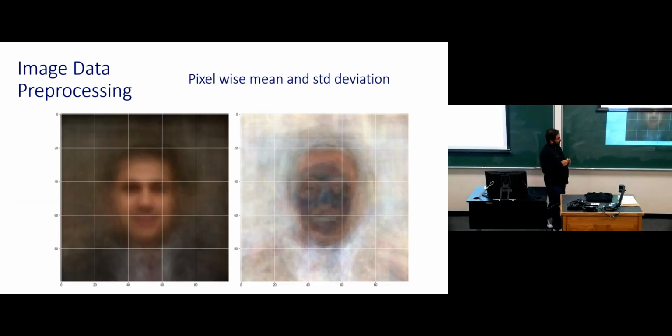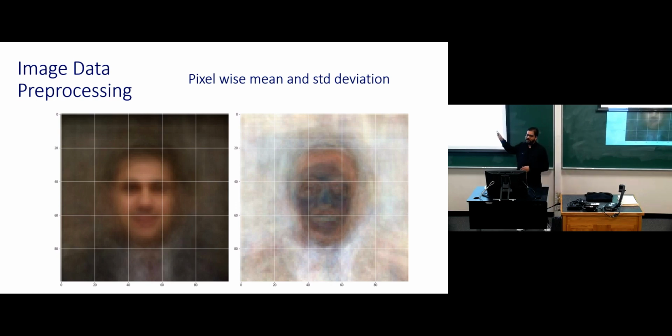Well, here's what is plotted. It's probably better seen on this screen. On the left, I have plotted the mean of every pixel for the entire data. Let's say we have 100 images. For every pixel across the 100 images, you are calculating the mean value of the color or the pixel. That's what has been done for all pixels.